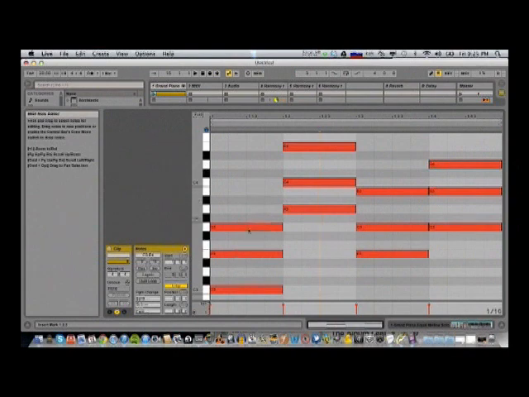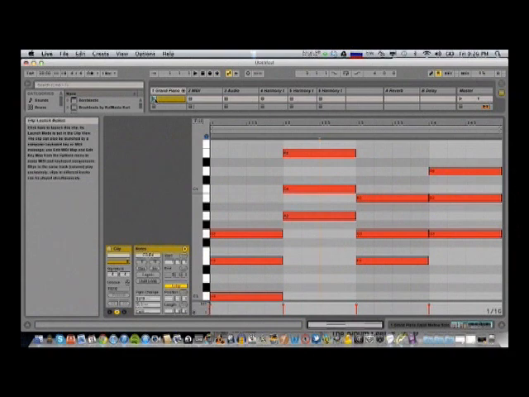So this is going to be a major chord. Our 6 is going to be a minor chord because it is by the diatonic chord progression pattern. Our 3 is going to be a minor chord because it is by the pattern. And our 5 is going to be a major chord. Okay, so here's what that sounds like. Okay, so that's our chord progression that we're going to work with here.